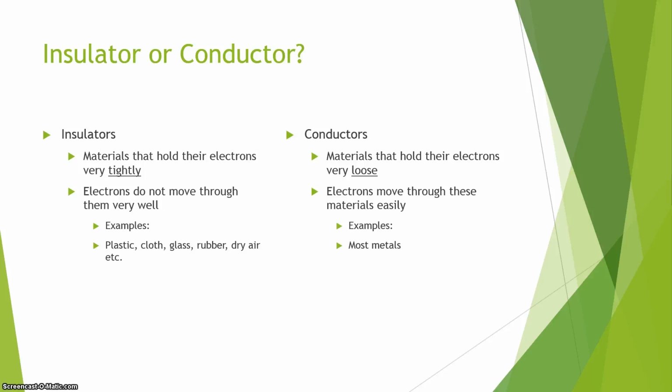And insulators have electrons that do not move through them very well, and examples of these are plastic, cloth, glass, rubber, dry air, etc. While conductors, like I said, electrons move through these extremely easily, and the examples are pretty much most metals.